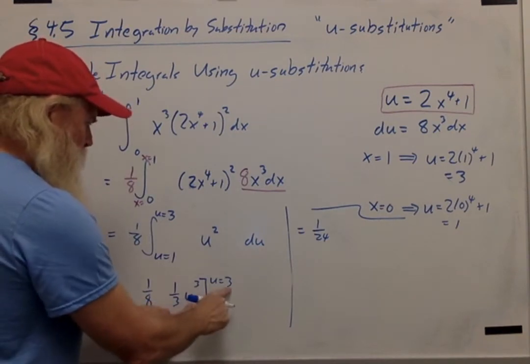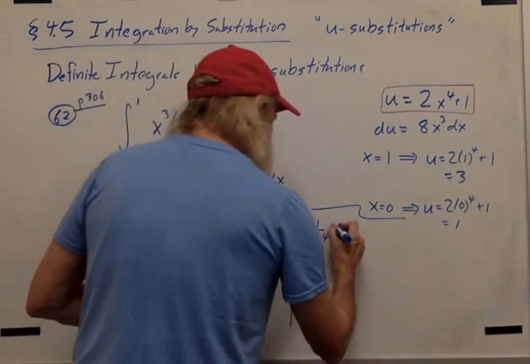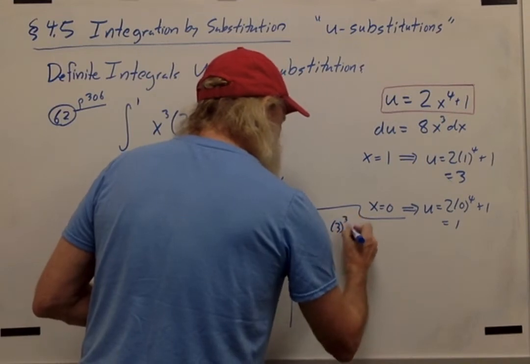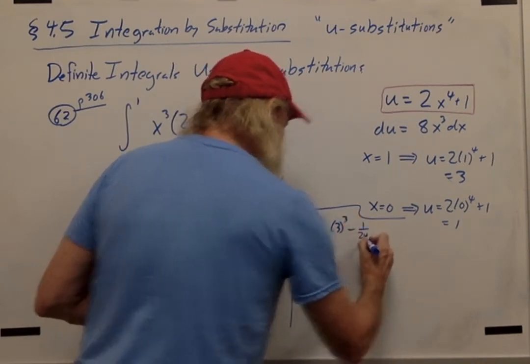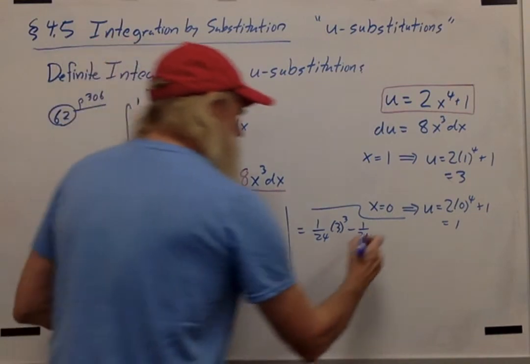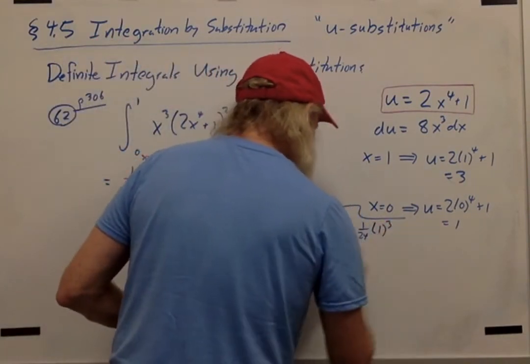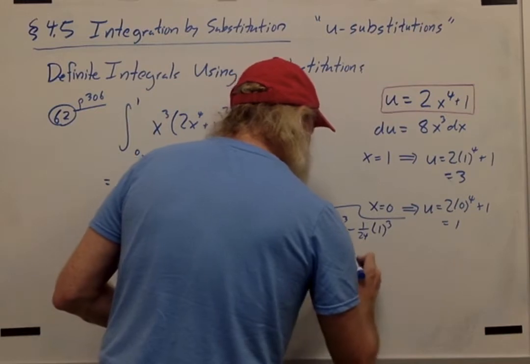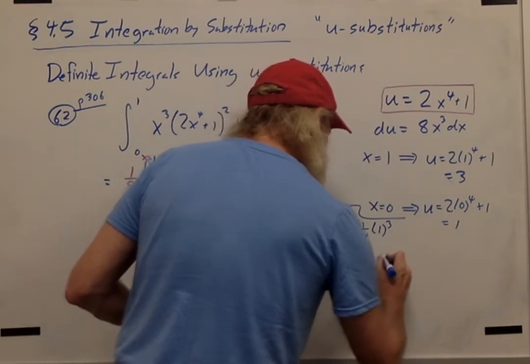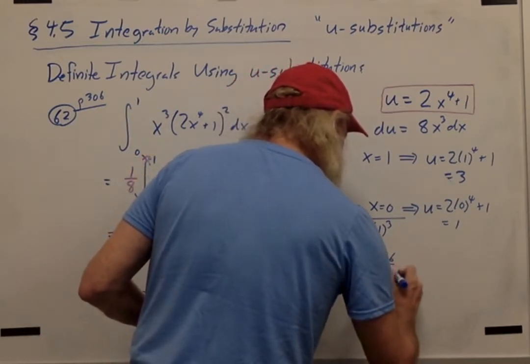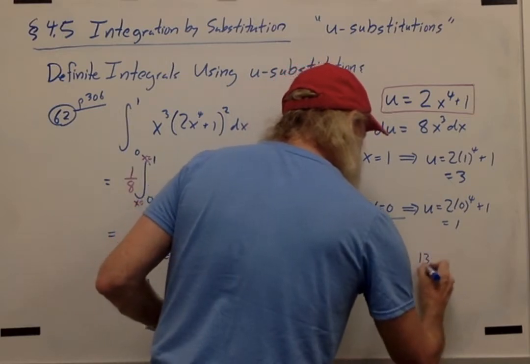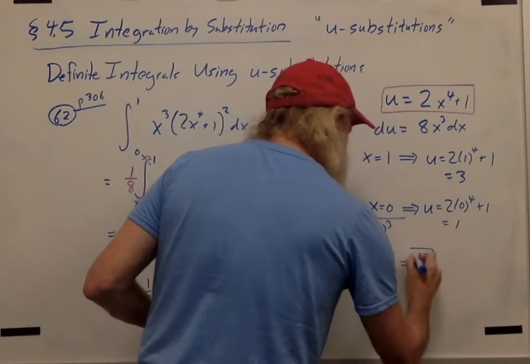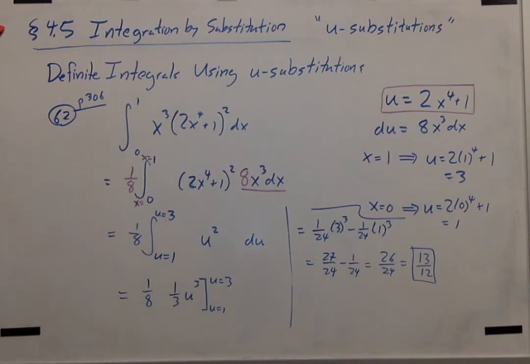I'll have 1/24 times 3 cubed minus 1/24 times 1 cubed, which is 27/24 minus 1/24, which is 26 over 24, which simplifies to 13 over 12. And that's the value of the integral.